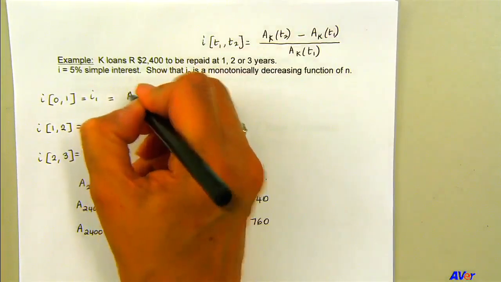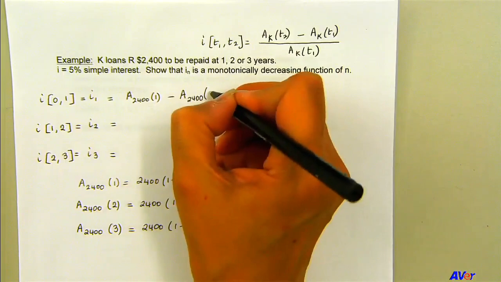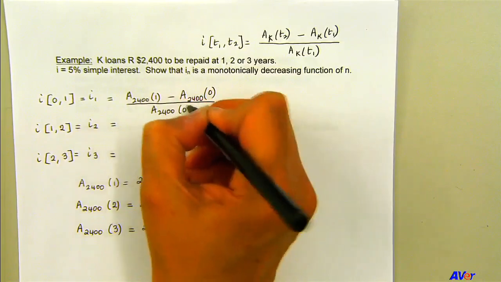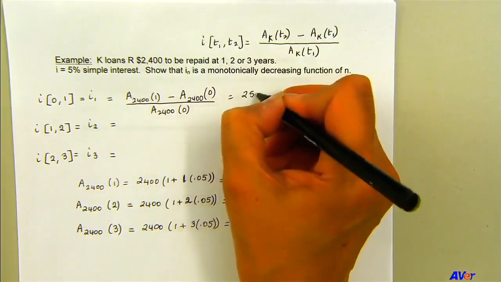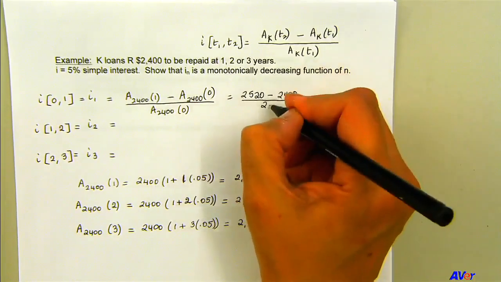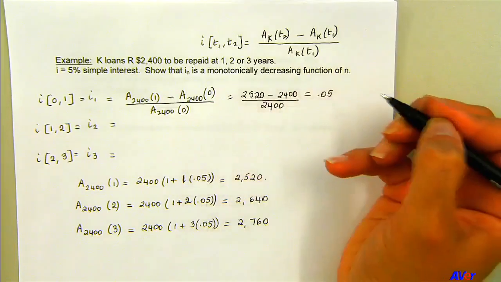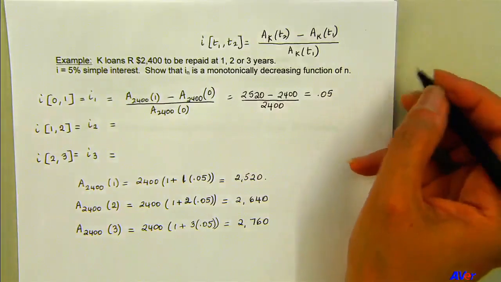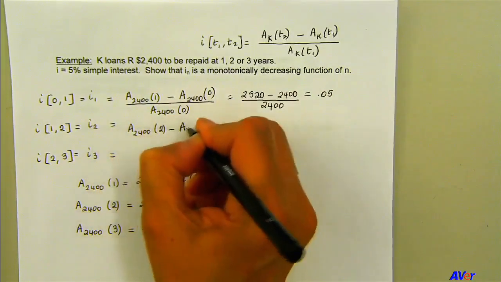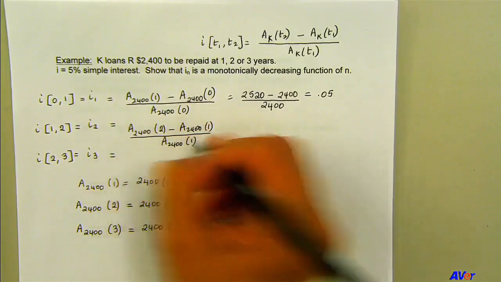A 2400 of 1, minus A 2400 of 0, over A 2400 of 0, which is 2520 minus 2400 divided by 2400, which gives me 5%. 5% in the first year, no surprise there. In the second year, A 2400 of 2 minus A 2400 of 1 divided by A 2400 of 1.